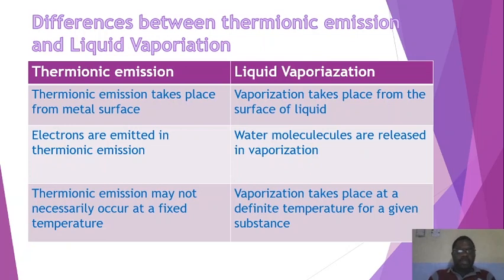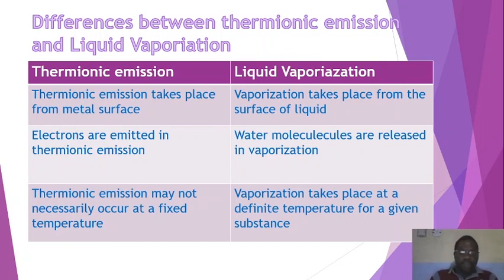Thermionic emission takes place from a metal surface, while liquid vaporization takes place from the surface of a liquid. In thermionic emission, electrons are emitted, while in liquid vaporization, water molecules are released.